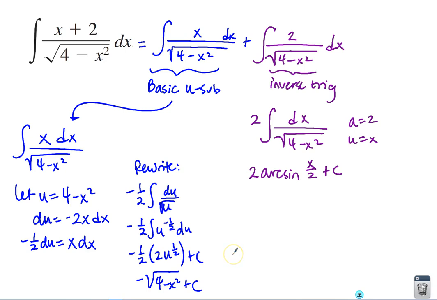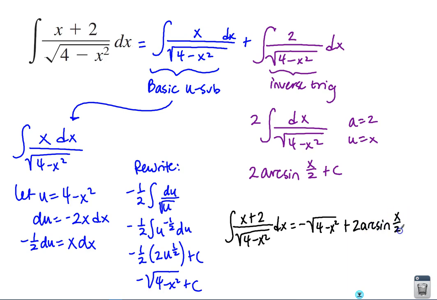So my overall integral, the antiderivative of x plus 2 over the square root of 4 minus x squared dx, equals negative square root of 4 minus x squared plus 2 arc sine of x over 2 plus c.